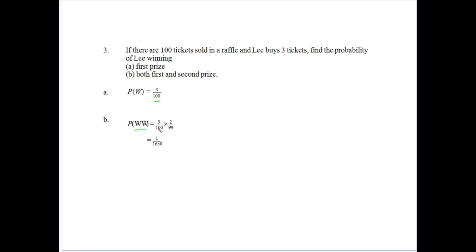If he wins the first prize, then for the second prize he's only got 2 tickets left, and there are only 99 tickets left in the raffle, because the first ticket usually gets discarded. We've got to take that into account. That's a case where there's no replacement in our probability, so we've got to be wary of that as well, which gives us a 1 on 1,650 chance.